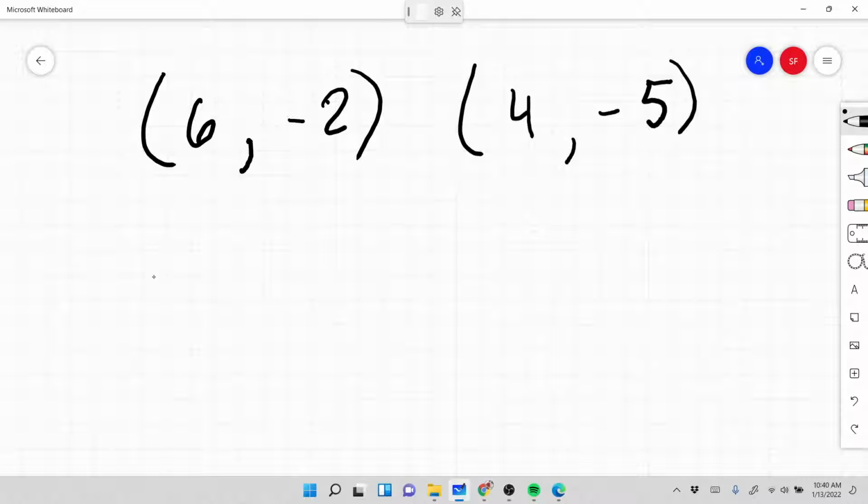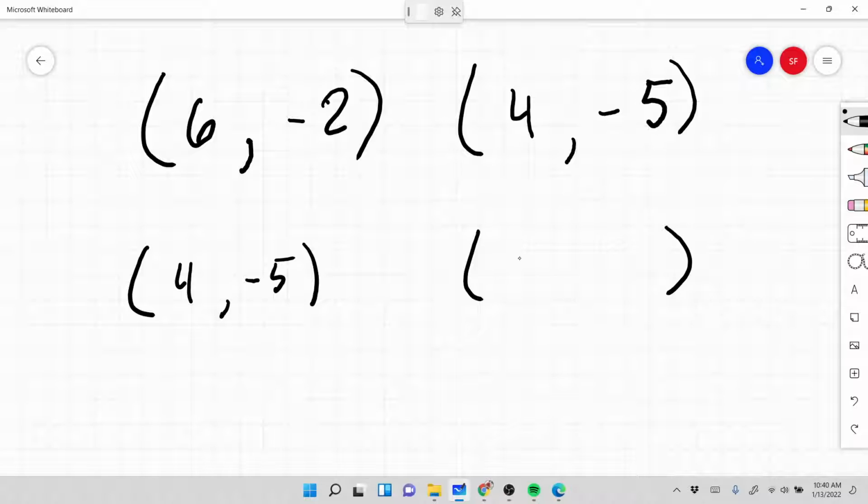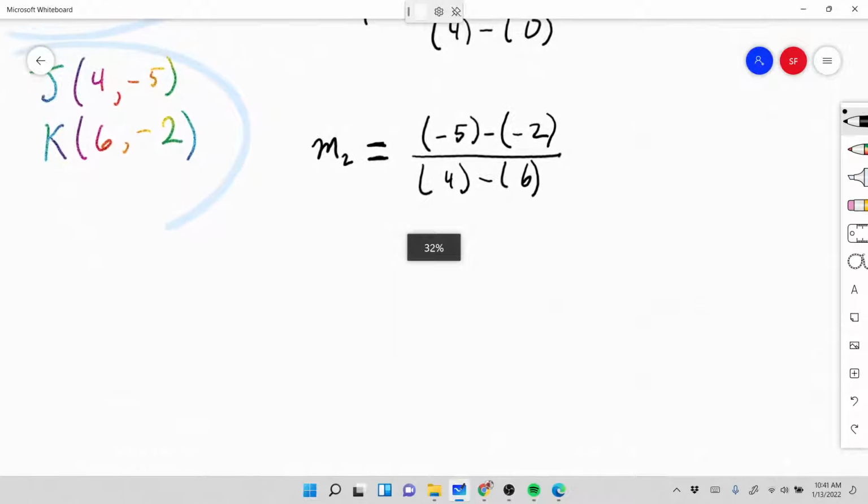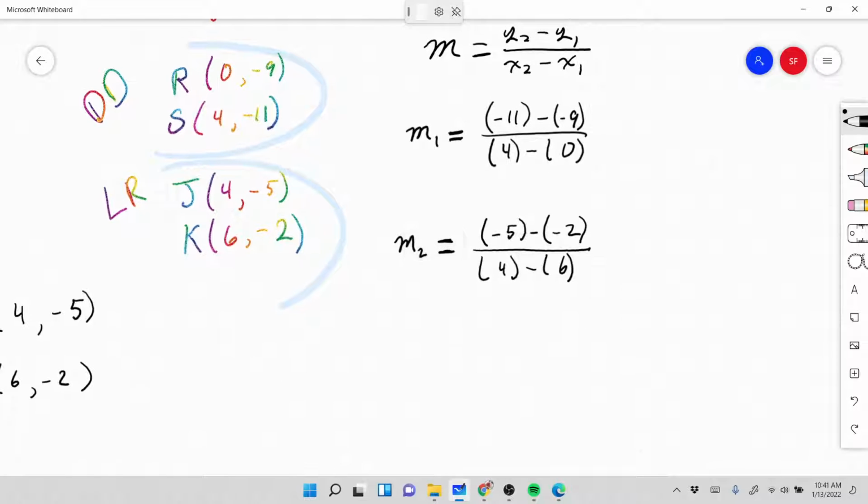Now, if I rewrite the exact same points in this order, their slopes are the same. But what is y2 now? -2. And what is y1 now? -5. I get it. Good. I'm not rubbing anything into anybody's face.